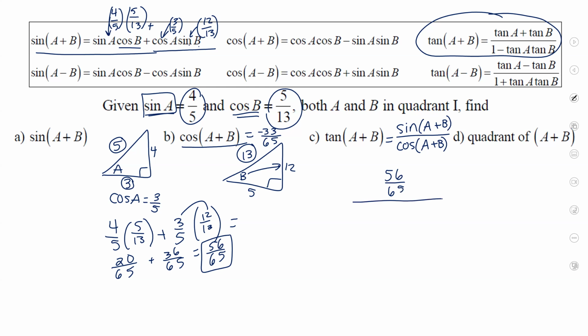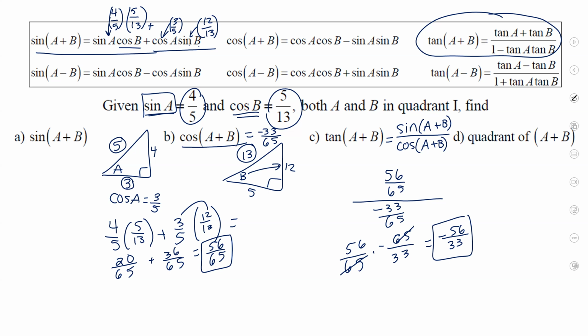And cosine is negative 33 over 65. So then, of course, you're going to flip the second one and multiply. The 65s cancel out, so your answer is negative 56 over 33. That is what tangent of A plus B is.